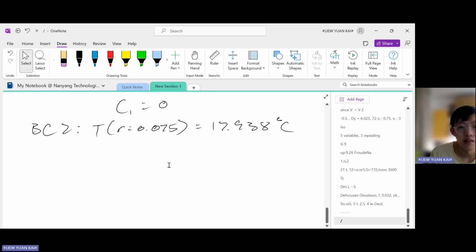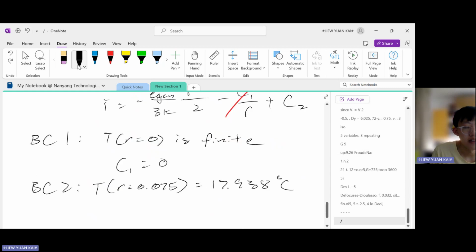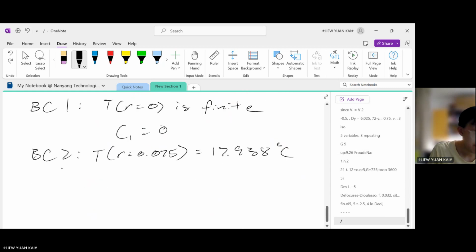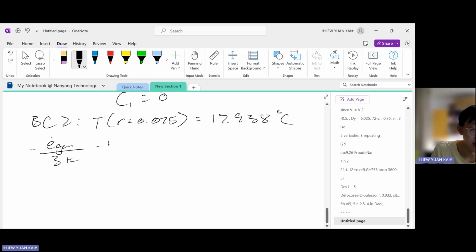Do we know the temperature profile? Yes, we have the temperature profile, which refers to this expression. We're going to substitute that: negative E gen divided by 6K, sorry, yeah, 3K times R squared over 2 plus C2.